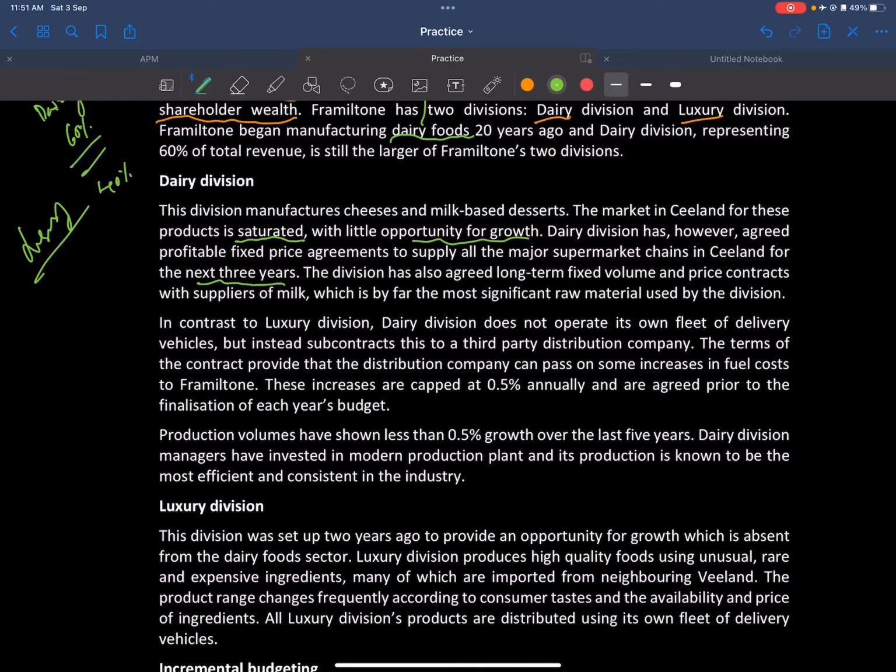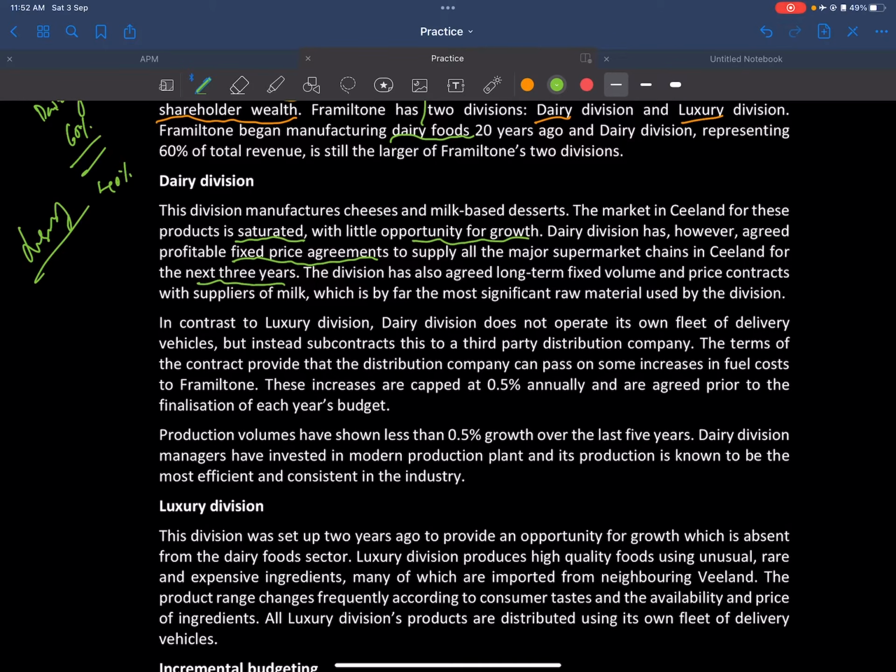Fixed price agreements. You see the very important thing over there. So your revenues are well known, right? It's already well known. Again, another good ingredient to apply incremental budgeting, okay? So for the next 3 years, it's going to be constant, right?